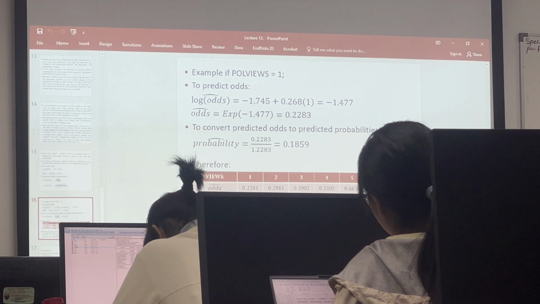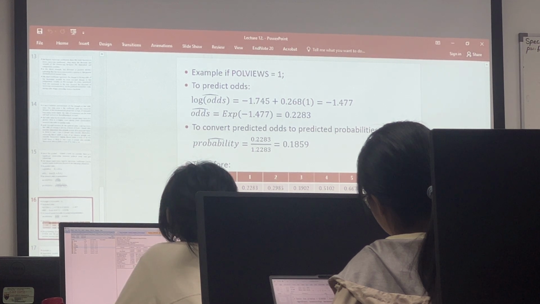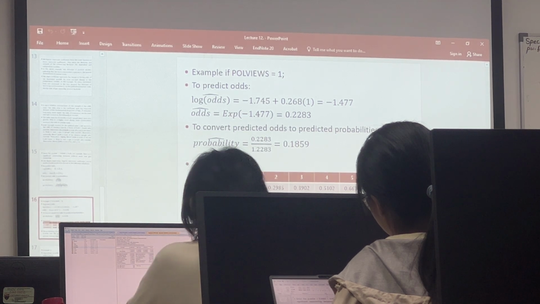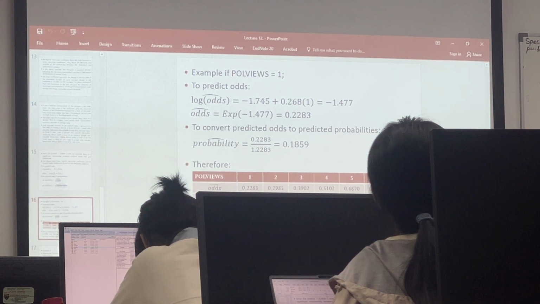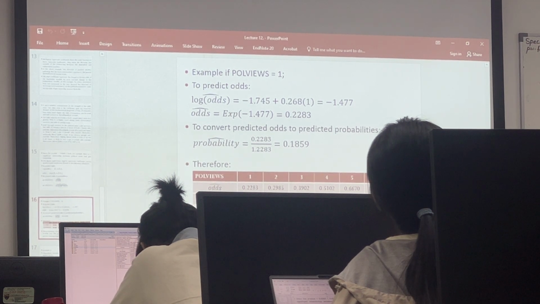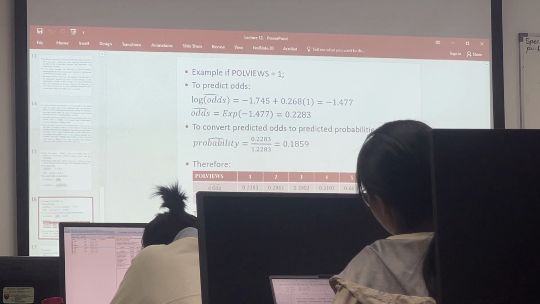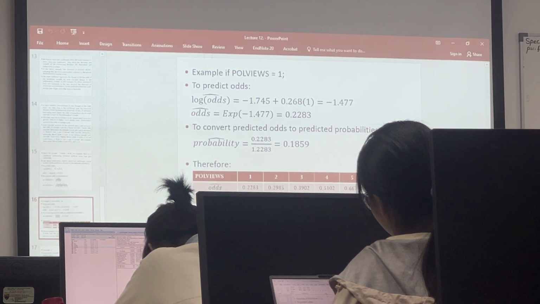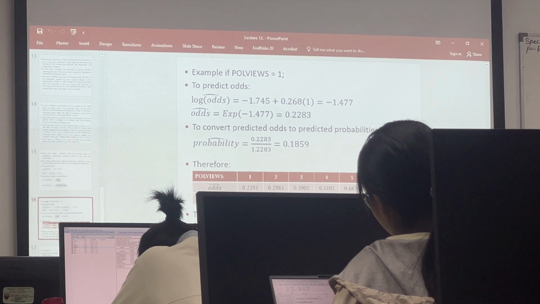For example, if political view equals 1, what does 1 represent? Just now, 1 represented extremely liberal.